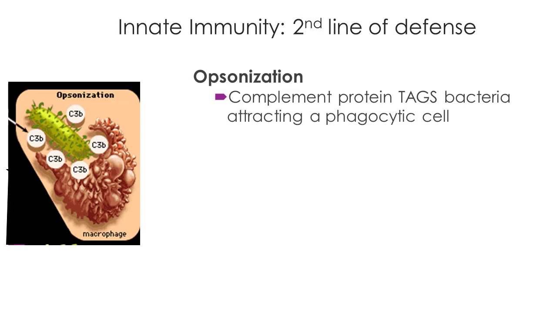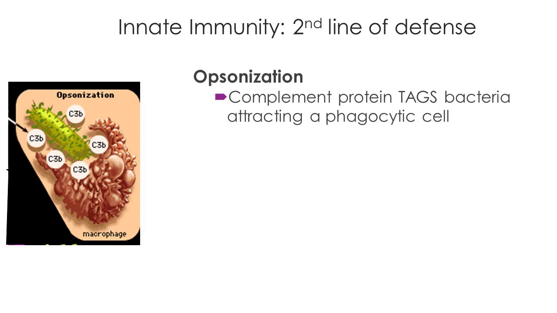So opsonization first. From our previous slide, I blew this up a little bit. You have these complement fragments, and they have now decorated that pathogen. Much like you can have opsonization with antibodies, when antibodies decorate a pathogen, it makes it irresistible to phagocytic cells.